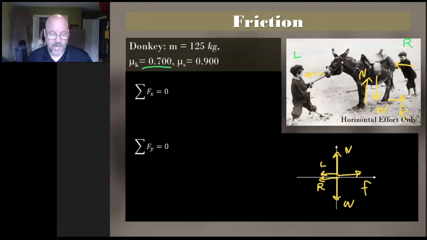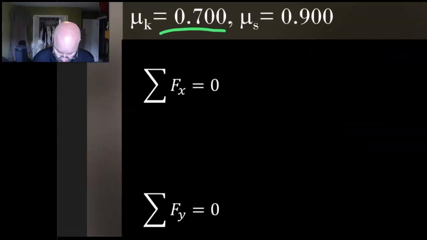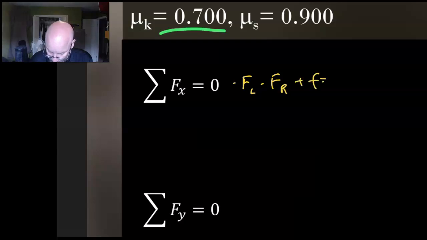So if we jump straight to dealing with our X components, up here in our equation, let me make it a little bit bigger. Let's call it force of Larry, it's to the left, force of Roger to the right, and then the friction is in the positive direction, and we're going to let the donkey slide.